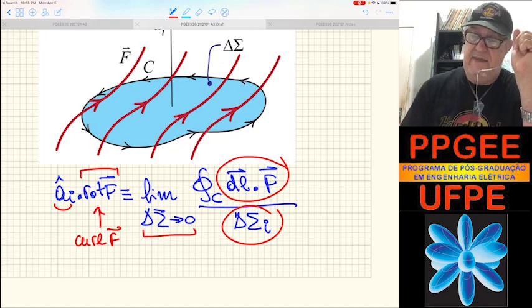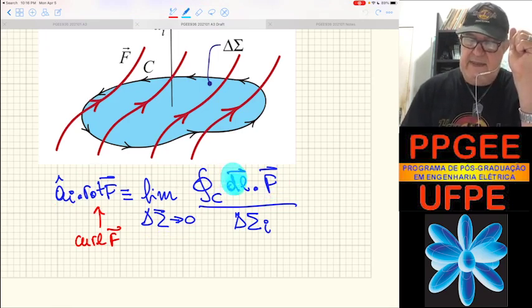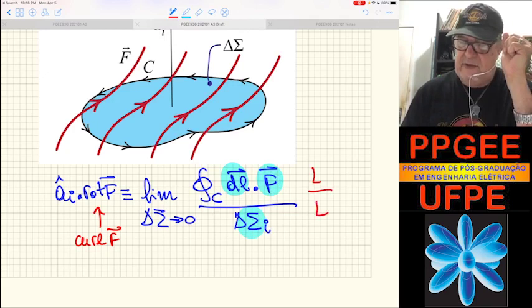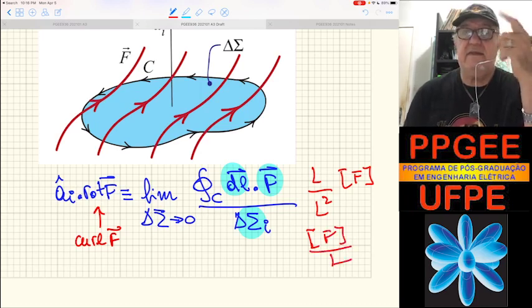Well, dimension is, by definition, length times dimension of field divided by area. So it's going to be L divided by L2 dimension of F. Again, is dimension of F divided by L. So it's field per unit length.